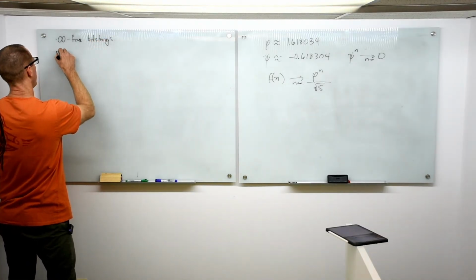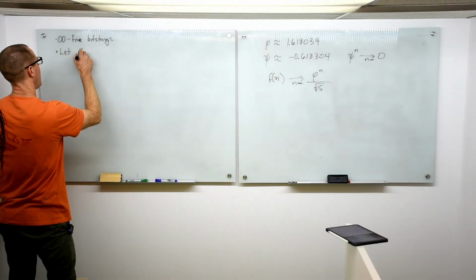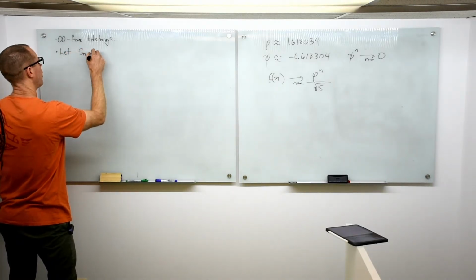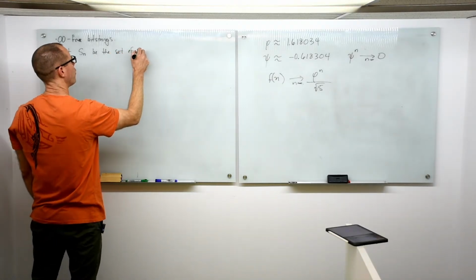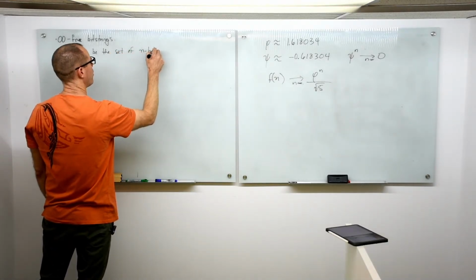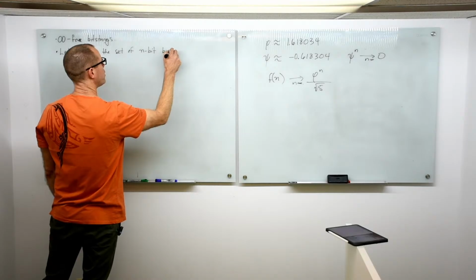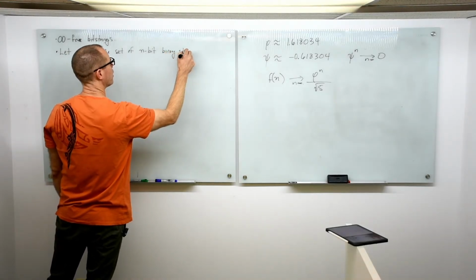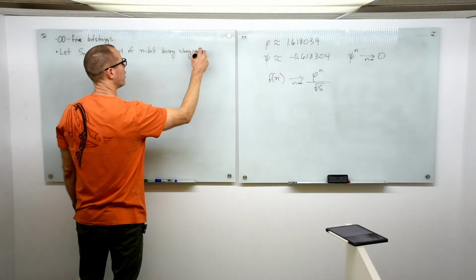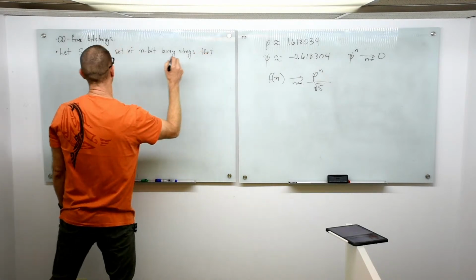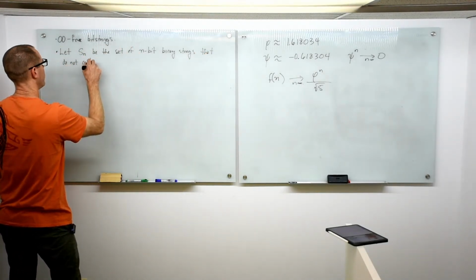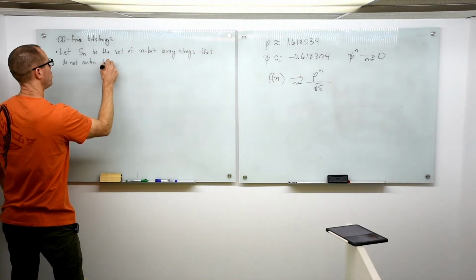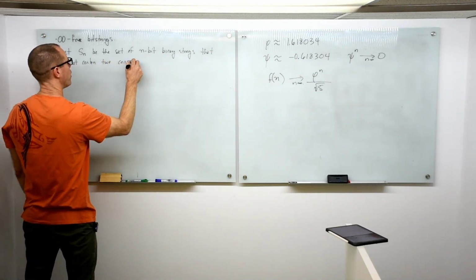And I'm going to say let Sn be the set of n-bit binary strings that do not contain two consecutive zeros.